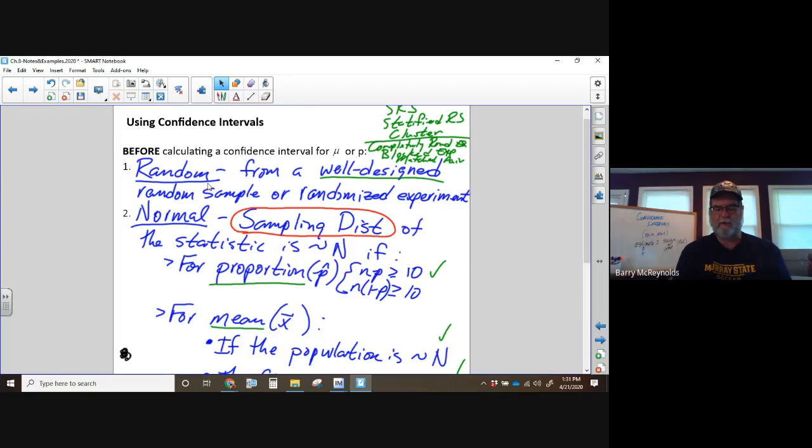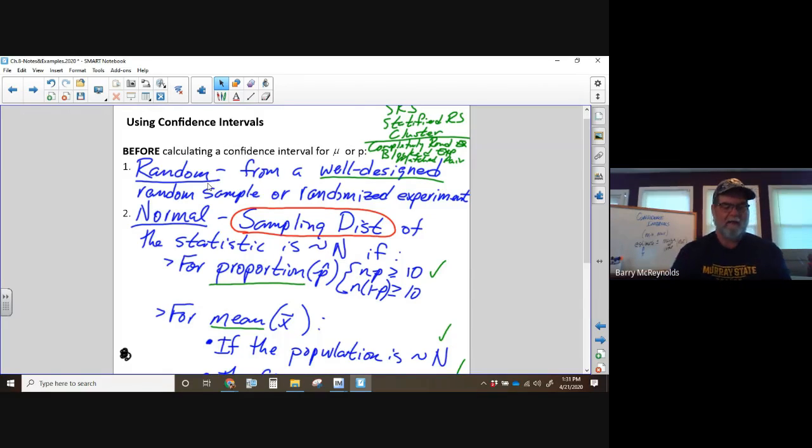There's a broader discussion there, but if you've got a Post-it note or something like that, you'll want to make sure that you're very, very familiar with these three conditions, because anytime you construct a confidence interval or do an inference problem, you need to make sure these things are met.